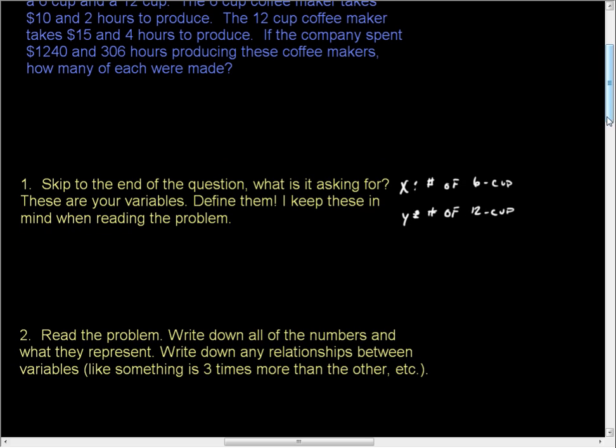What I'm going to do is make a table, because I think that's going to be easiest to organize my data. So 6 cup, cost, hours.